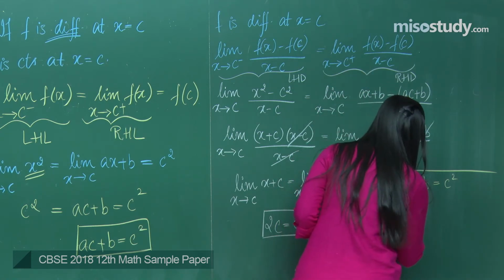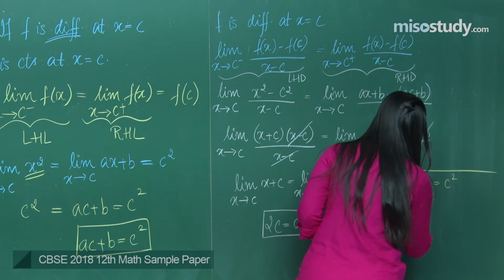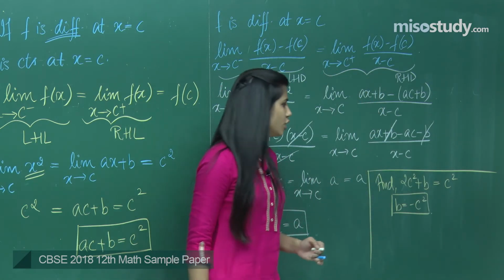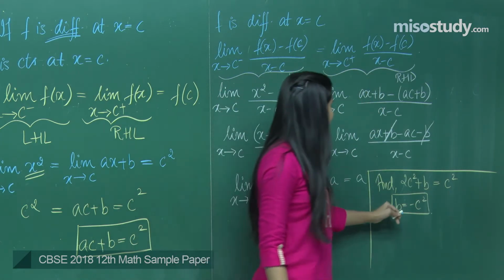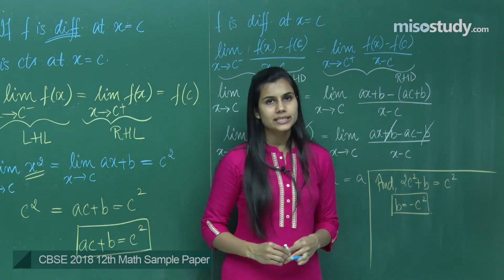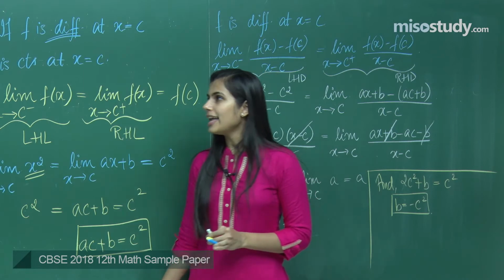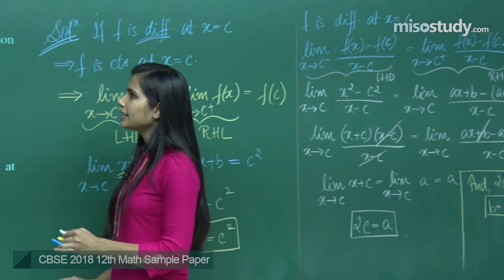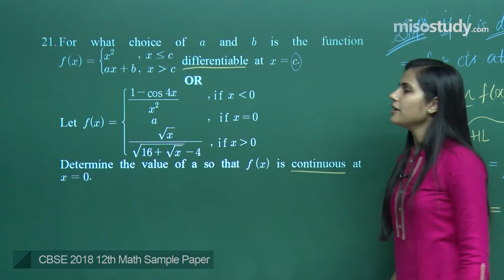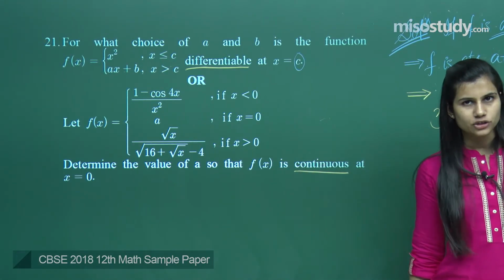So b happens to be minus c square. That is the answer. You have your values of a and b in terms of c. Your a is 2c and your b is minus c square. These are the values of a and b which, if I plug in this particular function at this fixed point c, my function is going to come out to be differentiable.